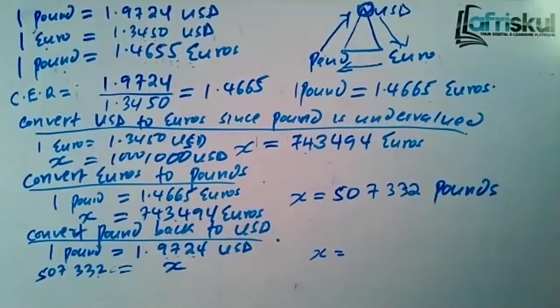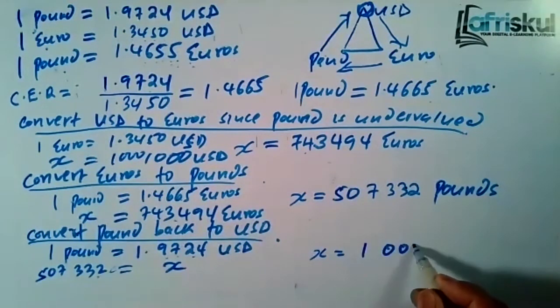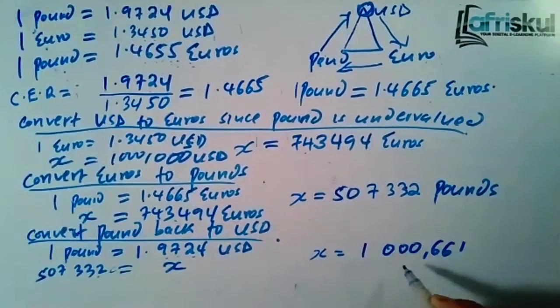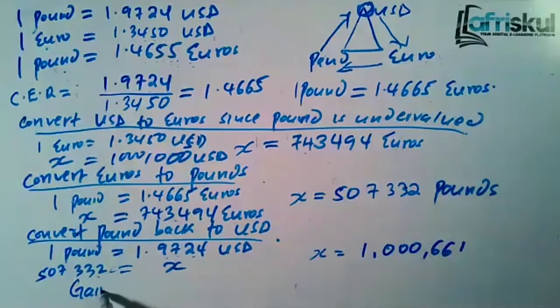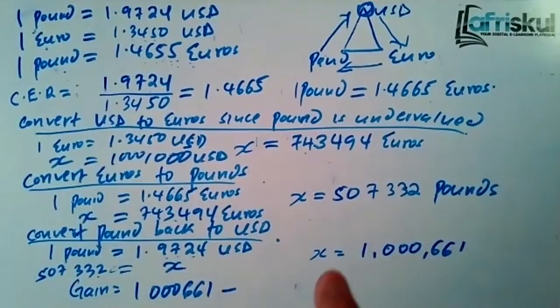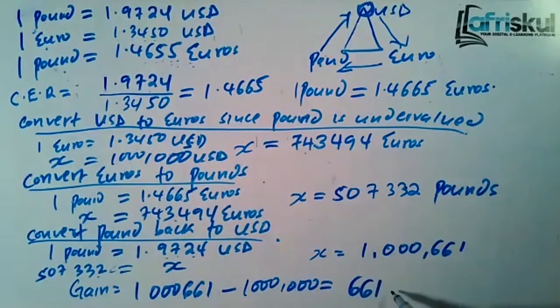In that case, you'll get 1,001,000 US dollars, but initially the trader had 1 million. So that means you have a gain of 661 US dollars. So you may take a minute to go through that.